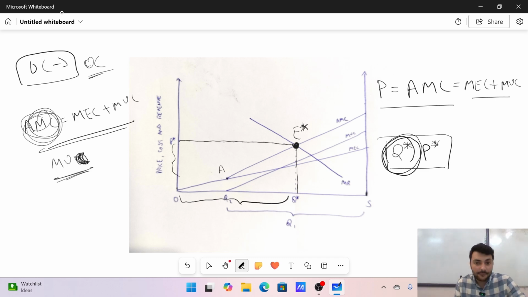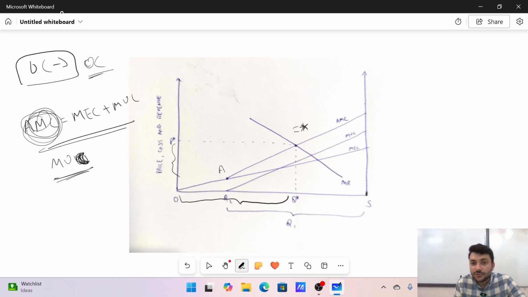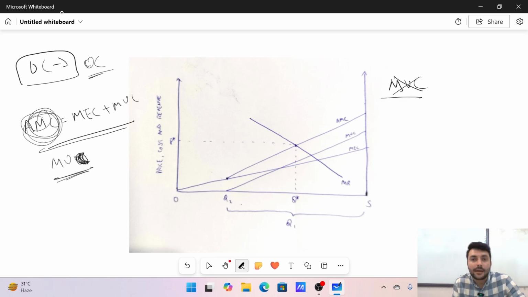Now let us understand one more thing. What if marginal user cost was not there? Marginal user cost is special in the case of exhaustible resources. So what would have been the case if the marginal user cost was not there? Then the price should have been equal to the marginal extraction cost. We have price equal to the marginal extraction cost, and it comes somewhere here, and then the level of resource that would have been extracted would have been Q double star.